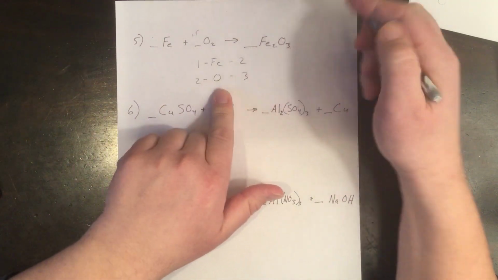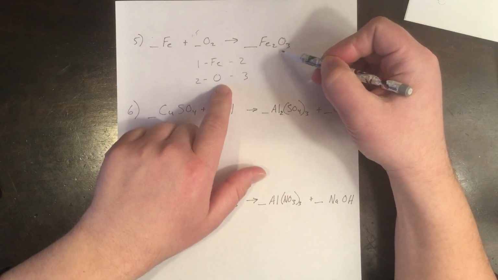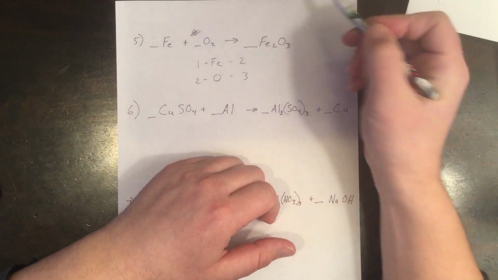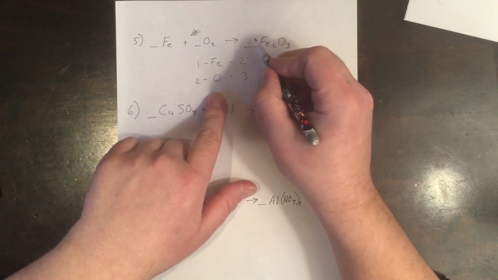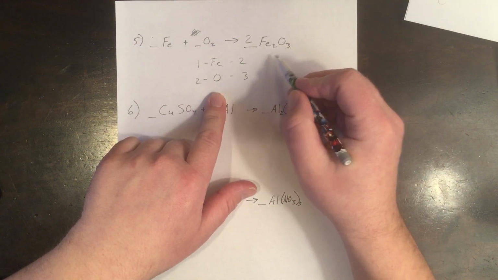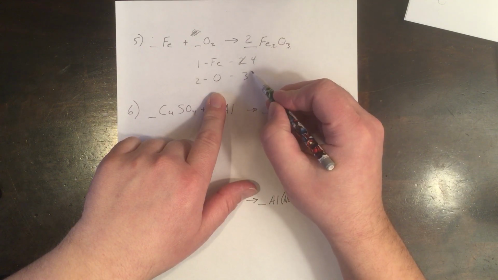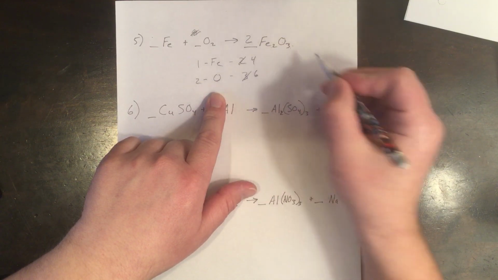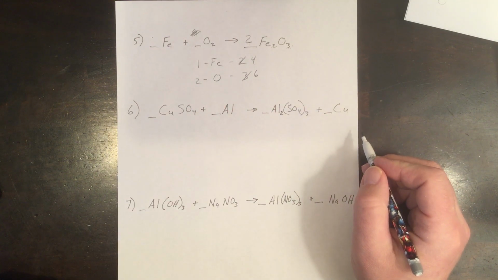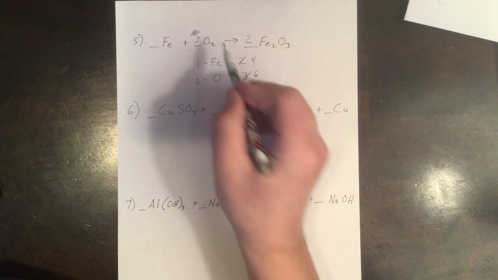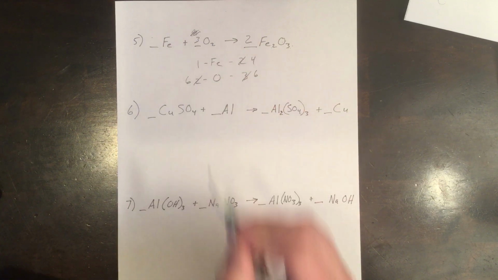So if we take a look at these, 3 and 2, what number would they both go into? 6. Okay. So how about if we got them both up to 6? So I'm going to put a 2 in front of this. So 2 times 2 would be 4 irons. 2 times 3 would be 6 oxygens. And then over here, I could put a 3. 3 times 2 would be 6 oxygen.